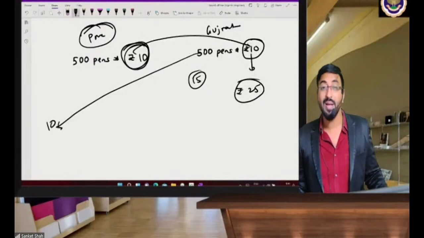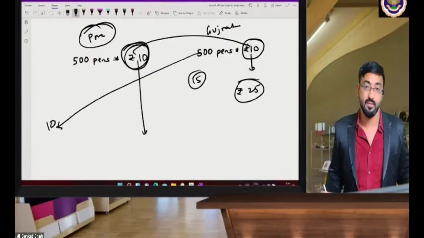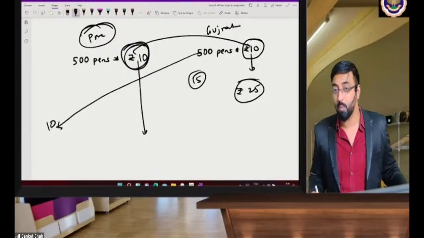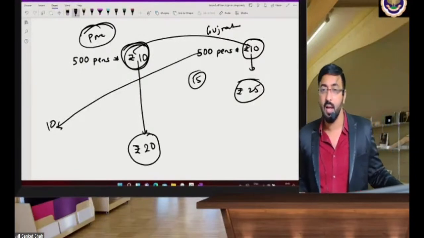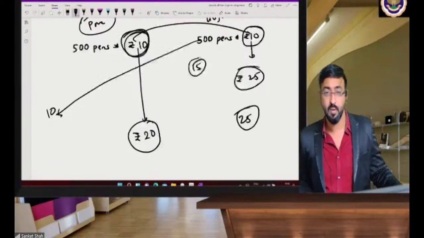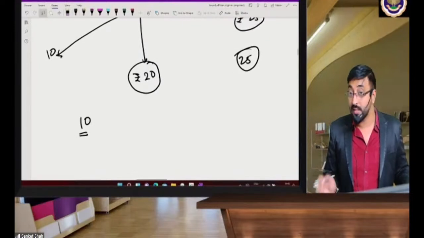So the Pune based person is sending 10 pens, but suppose I don't want to disclose my profit. I will tell the consignee, I bought it for 20 and you have to sell it for 25. But the actual cost is 10.